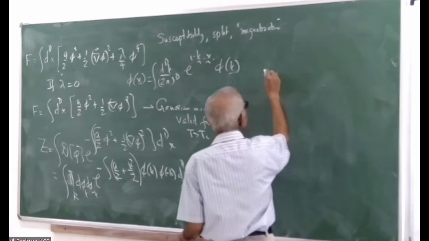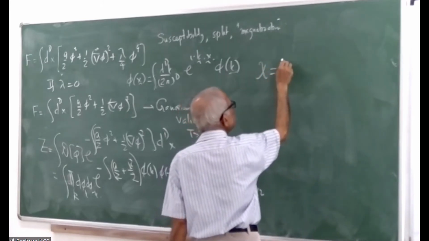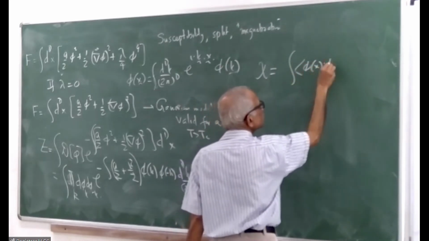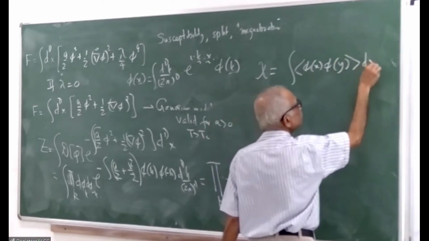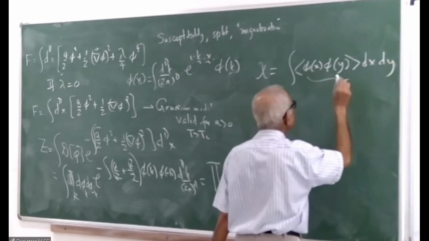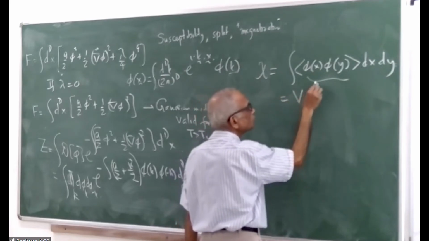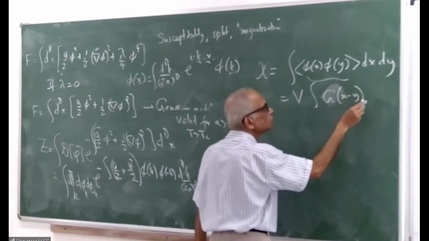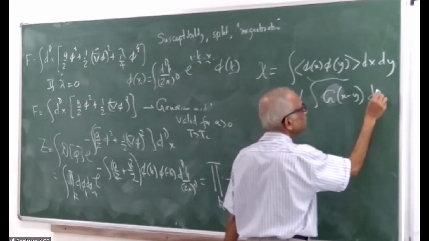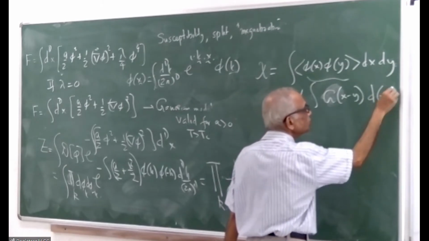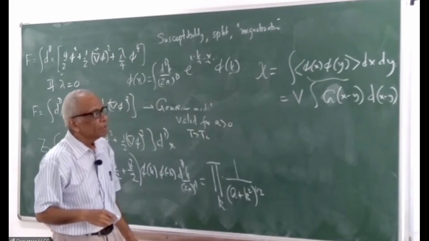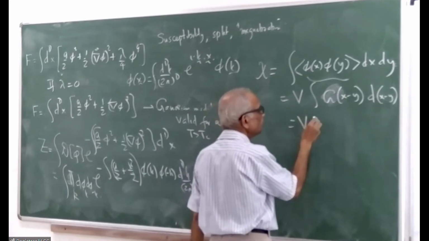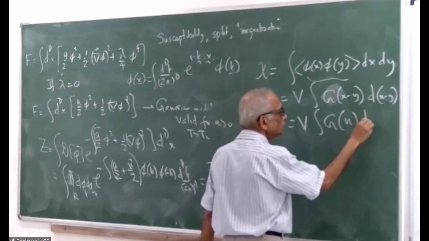The susceptibility we found was χ equal to ∫ ⟨φ(x) φ(y)⟩ dx dy. This is because of translational invariance. So this is volume, and let's call this a function G(x − y), and then it is d of x − y. So G of n, which is let's say V ∫ G(u) du.